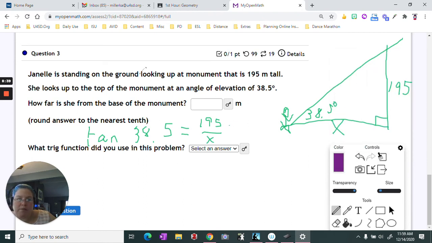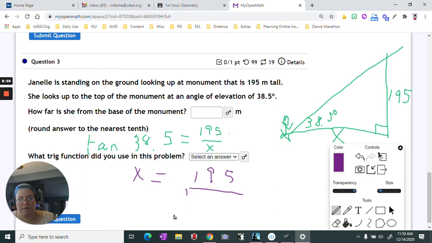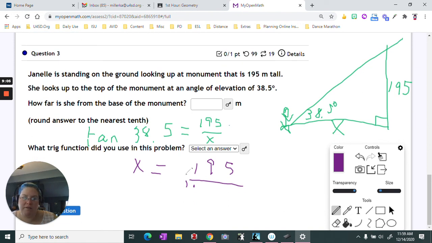So here. So we're going to swap these, and I'm going to end up with x equals 195 divided by the tangent of 38.5.